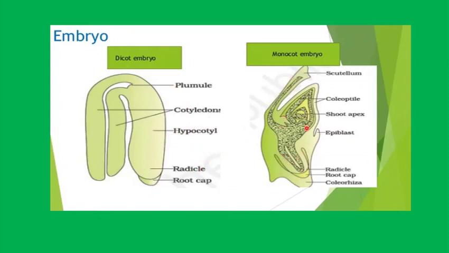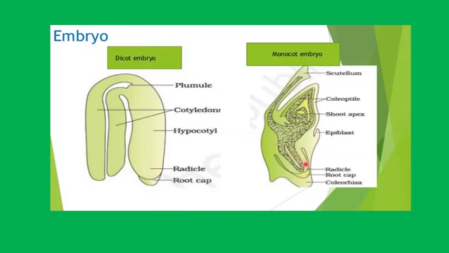Another one, this is the monocot embryo, like maize, rice, wheat. The structure is slightly different. Monocot, as the name suggests, has one cotyledon. The cotyledon in a monocot is known as the scutellum. And if this is the imaginary embryonal axis, the lower part of the embryonal axis is the hypocotyl region and this is the epicotyl, as we have seen in the dicot.